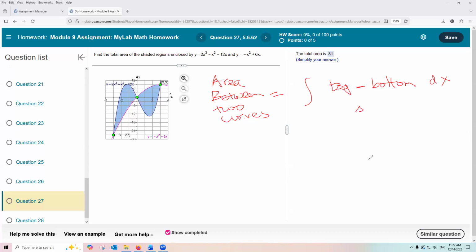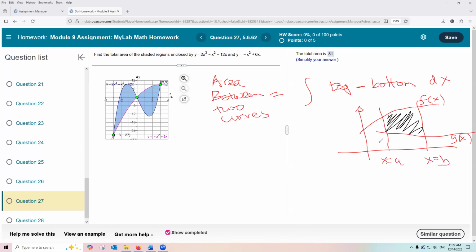So for example, if I had something like a curve here, f of x, and a curve down here, call it g of x, and here is x equal a, x equal b. Imagine I want to find the area between these two curves, it would be the integral from a to b of f of x minus g of x. So that's the basic setup.